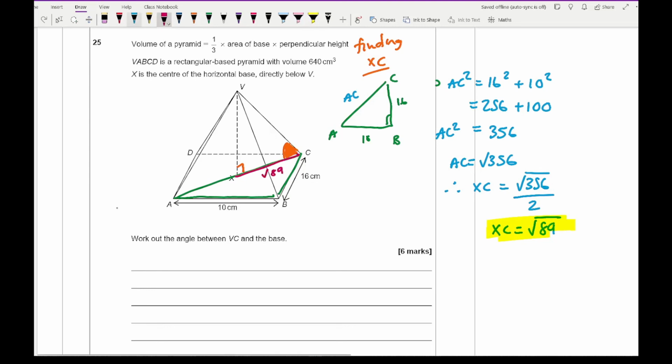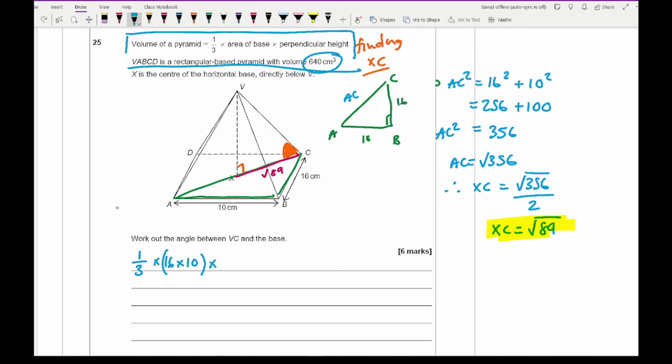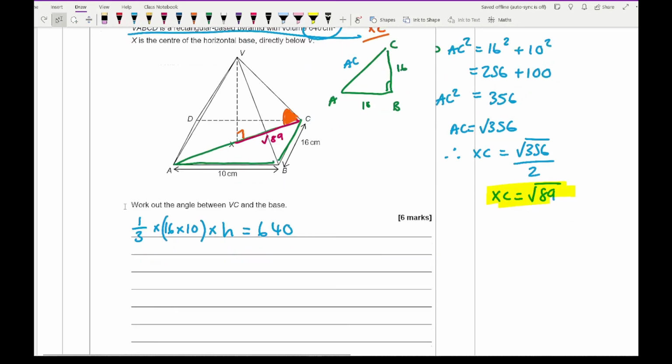Then we need to work out the perpendicular height. Now for this I'm going to use this formula, and it says that the volume is 640. So we know that it's a third times the base area, which is 16 times 10, multiplied by h, and that all should equal 640.